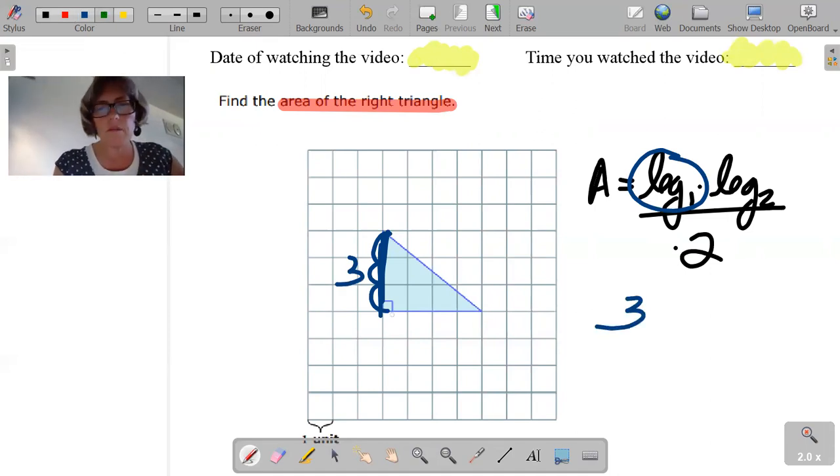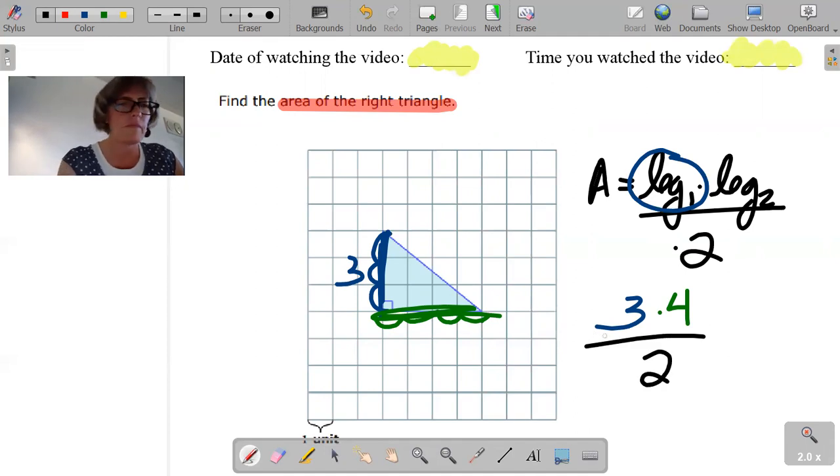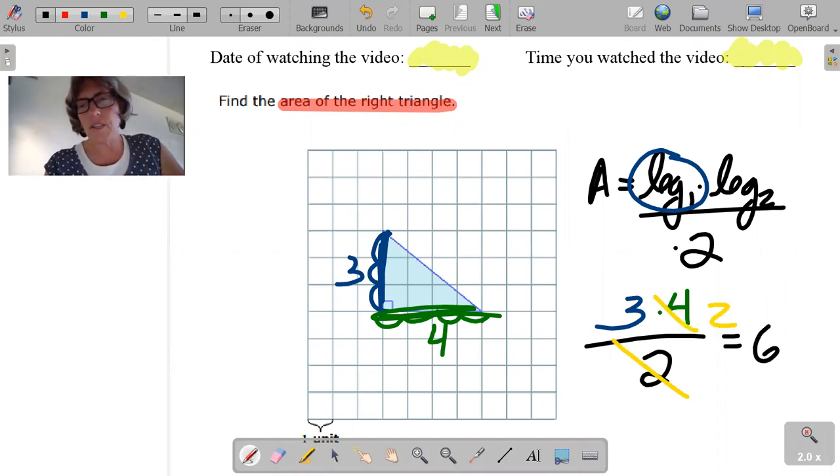And your other leg. There's a 4 there, leg times leg over 2. Really simple, that just reduces. And it's 6, and then watch your units, it's going to want units squared.